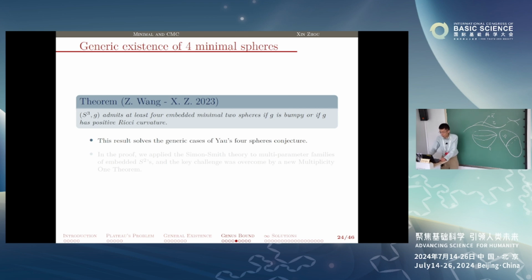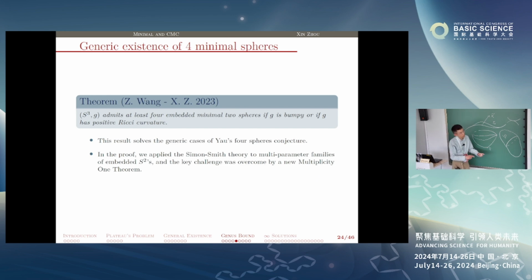I mean, after Simon-Smith, we actually all know what to apply using the theory. But the major challenge was the so-called multiplicities. I'm not going to show you, but you can imagine that the space of two spheres has rich topology, which is RP3. So you can have higher homotopy class to apply the min-max theory.